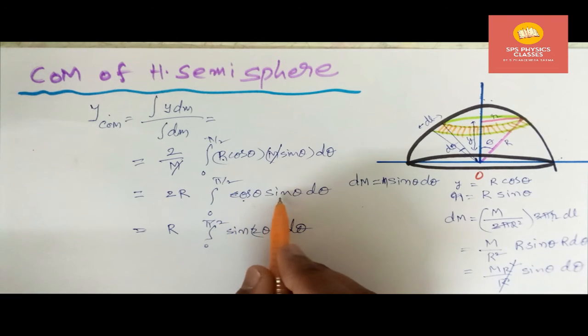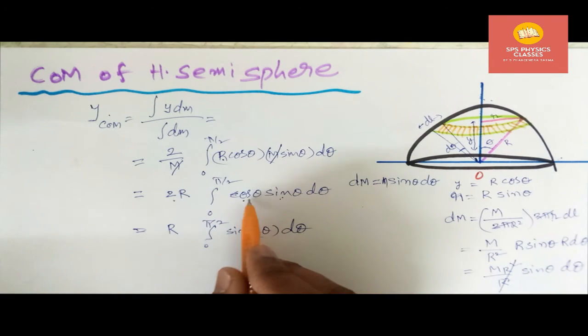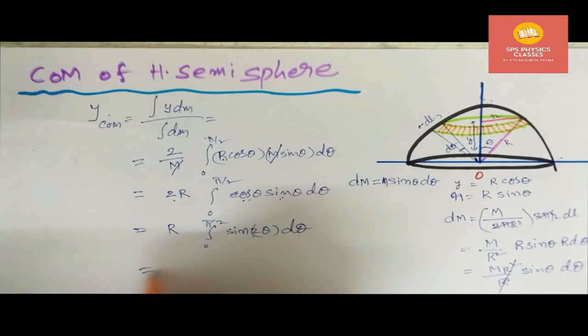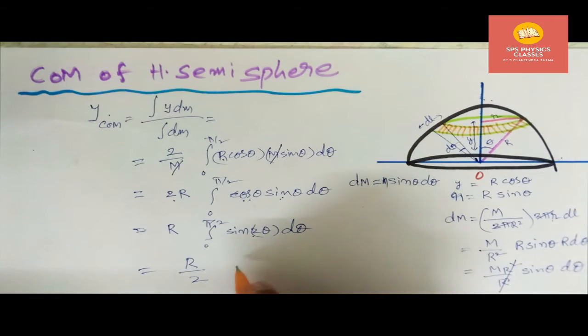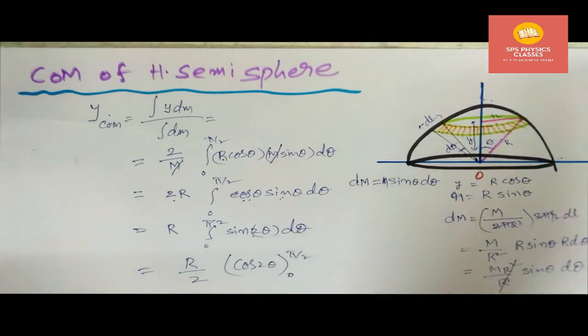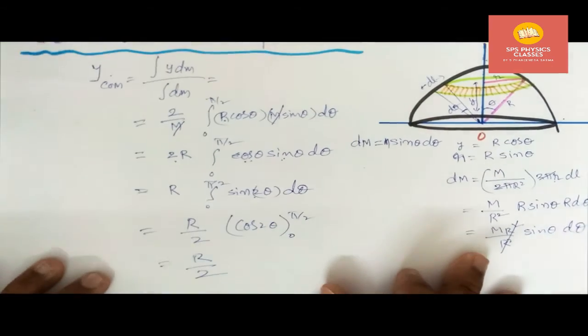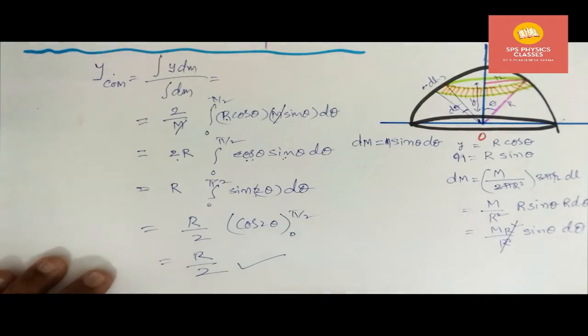Because 2 sin theta cos theta is sin 2 theta. Upon solving, we get minus r by 2 cos 2 theta over the limits 0 to pi by 2. Upon substitution, we get r by 2 as the answer for the problem.